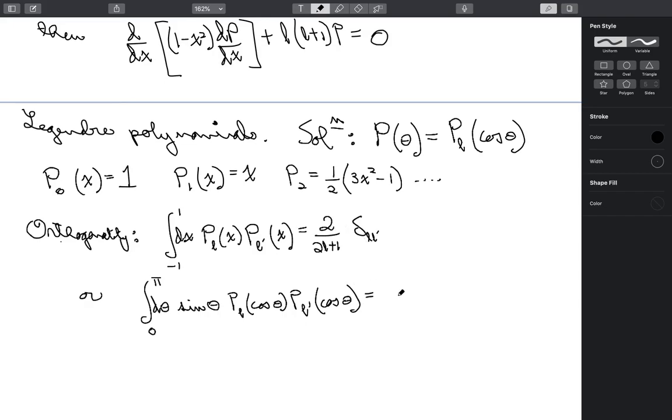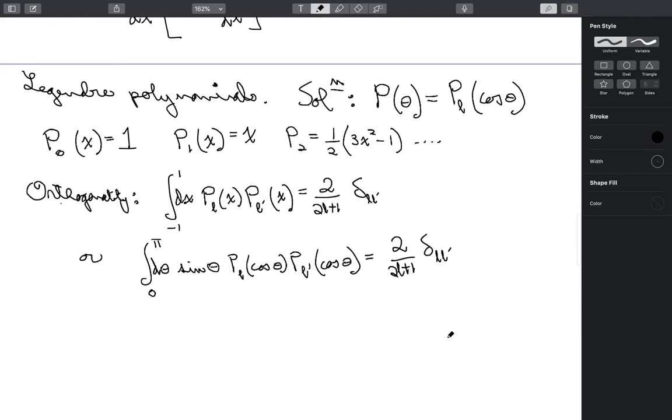That is just what we wrote here, right? This is the same integral, 2 over 2L plus 1 delta L L'. Okay, so that's the important orthogonality relationship that you need when you use these Legendre polynomials.